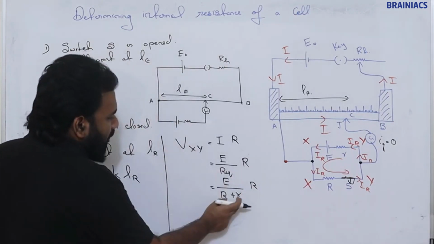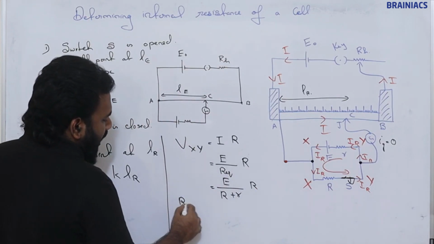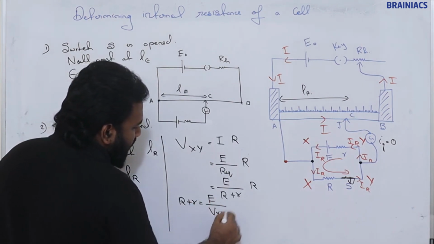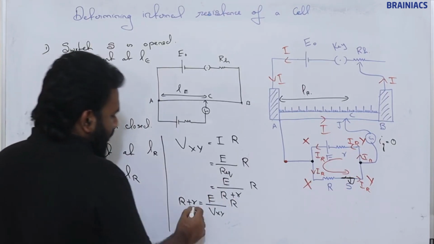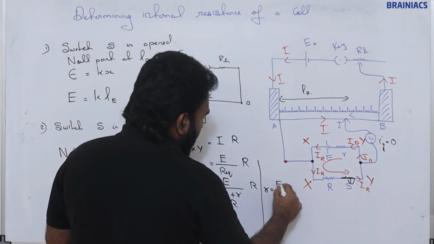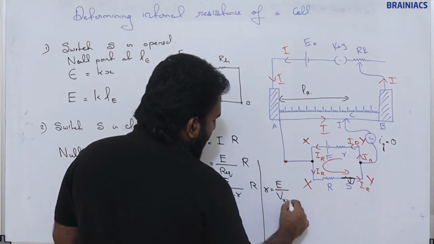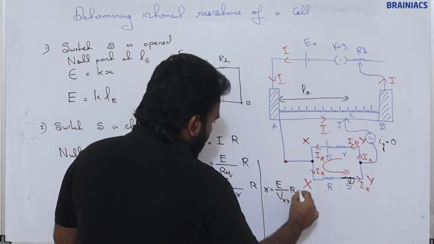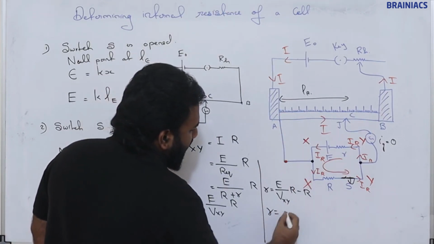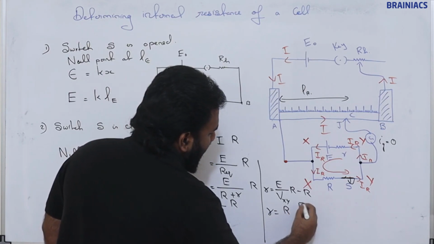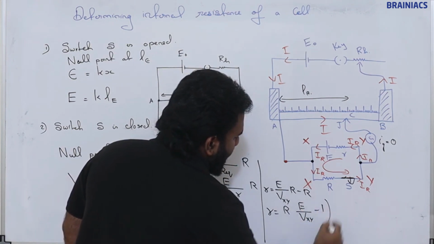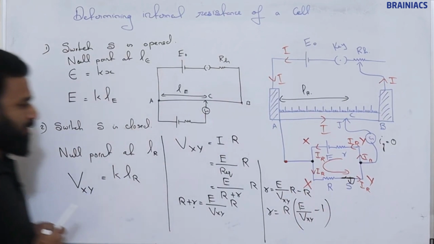So I need to calculate this internal resistance. So R plus r is equal to E by VXY into R. Now this r is equal to E by VXY into R minus R. Now this r is equal to, if I take R outside, E by VXY minus 1, into R. Okay, this is the internal resistance.